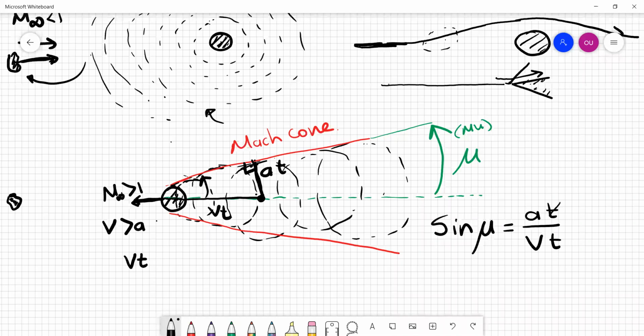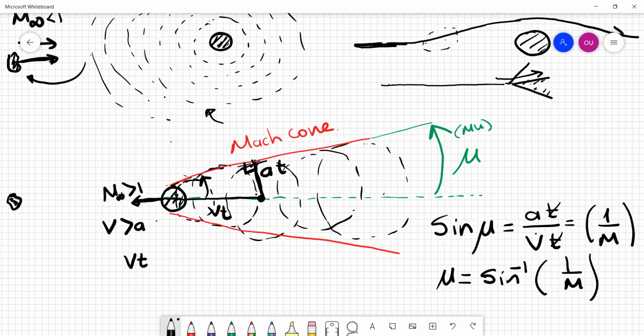And so the t's cancel out. So this becomes equal to a over v, which is basically 1 over the Mach number of the object. So the Mach angle itself is equal to inverse sine of 1 over M.